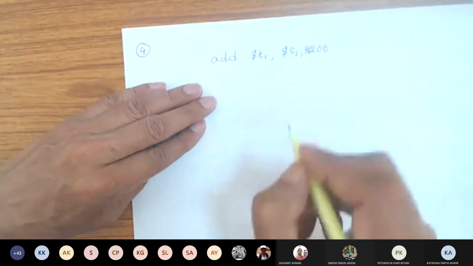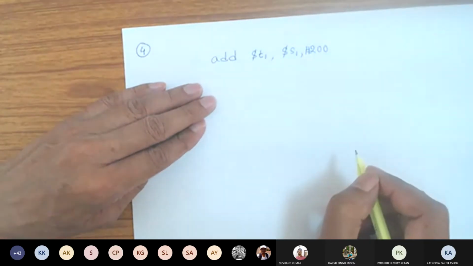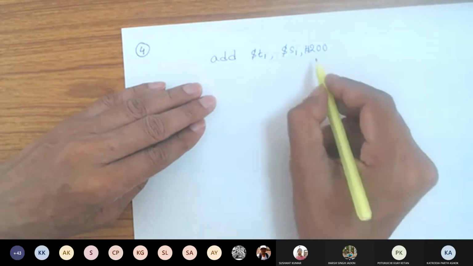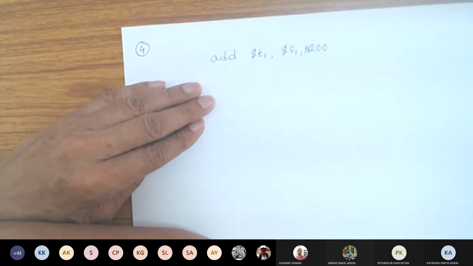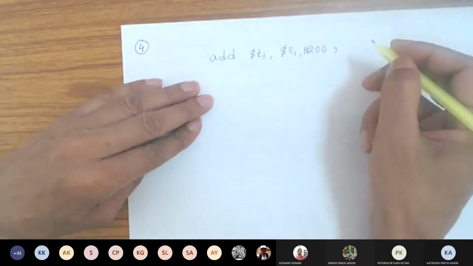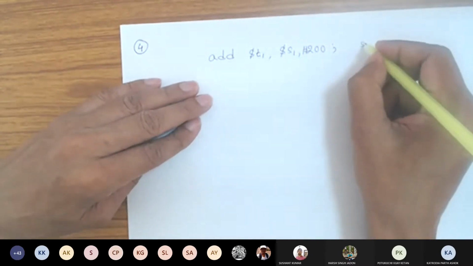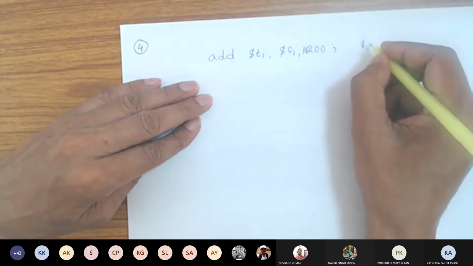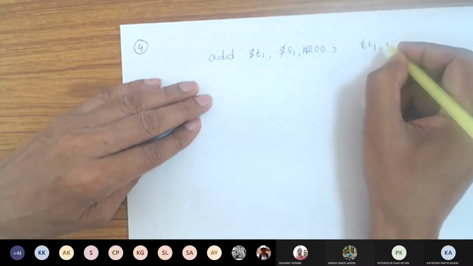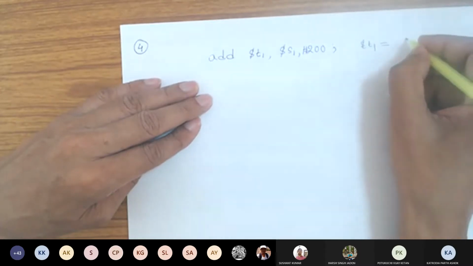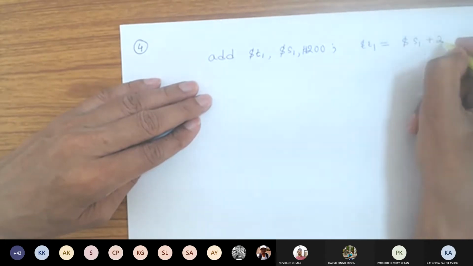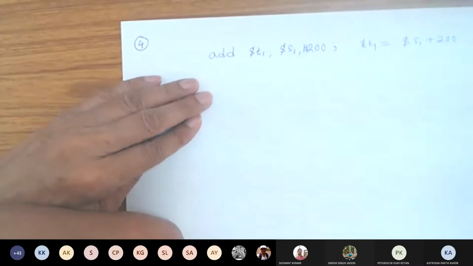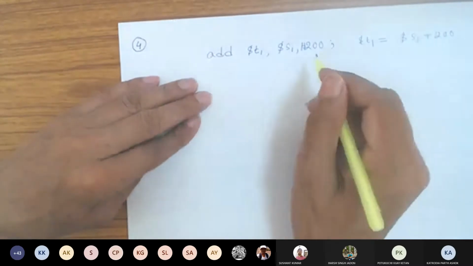Usually a given number like this says that this is an operand. So what does it do? It does plus 200.